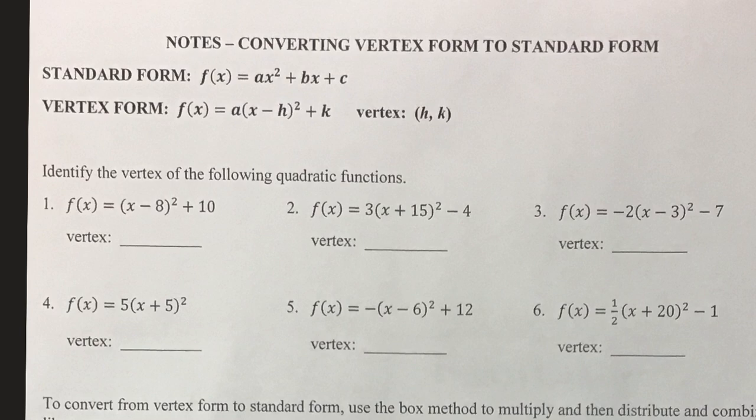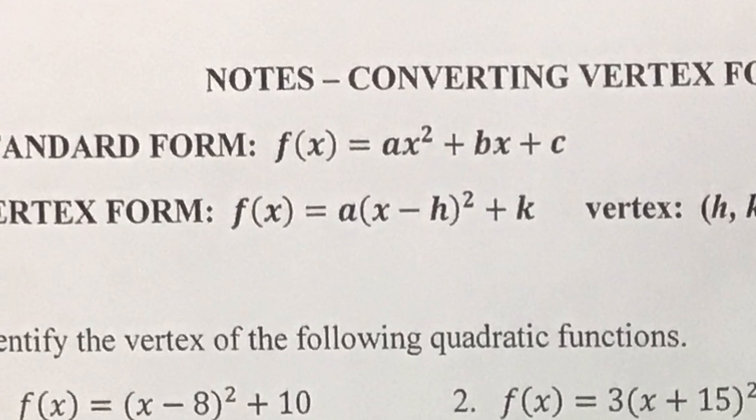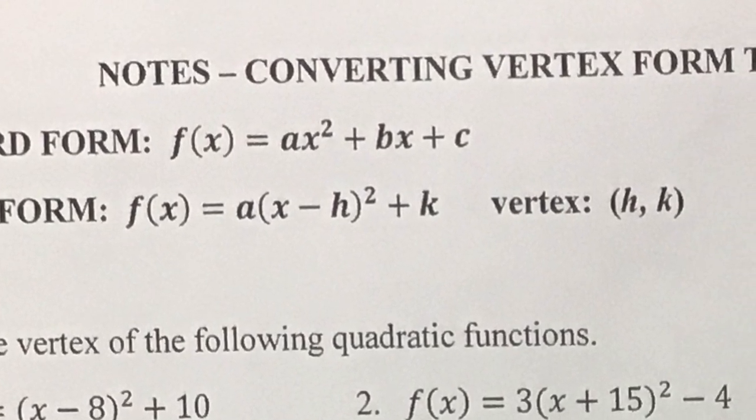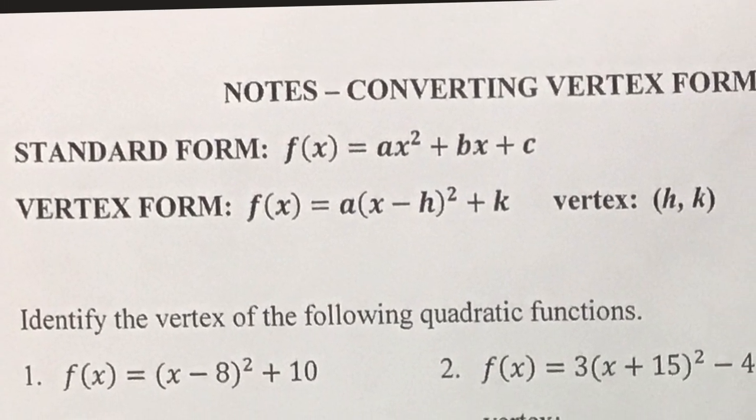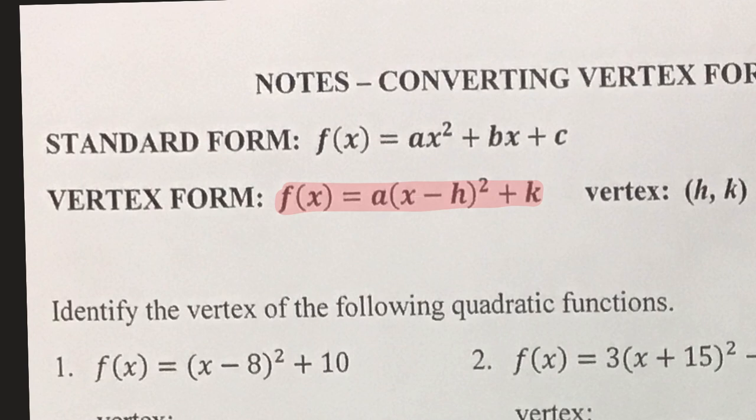So the standard form, this is what we're used to seeing for a quadratic: ax squared plus bx plus c. That's your standard form of a quadratic, where a, b, and c are all numbers. Those are your coefficients. Well, there's another form that you could have your equation in called vertex form. What's neat about mathematicians is that they're not very creative.